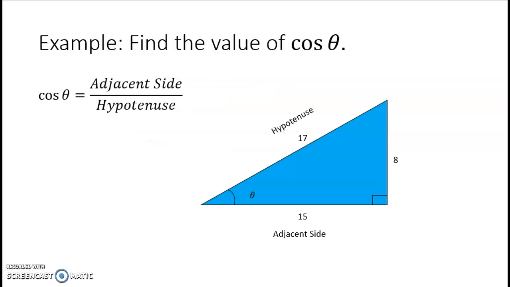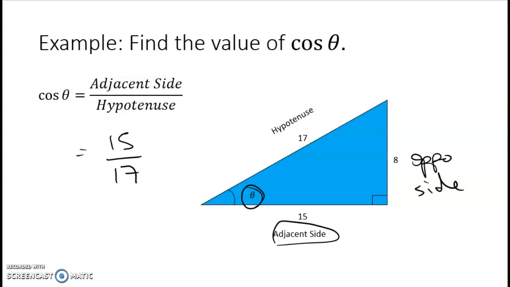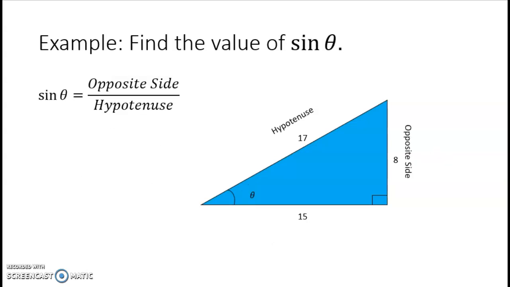Okay, so for this one, cosine we said is adjacent over hypotenuse. Here's our theta. So here's our adjacent side, which means this is our opposite side over here. So I need the adjacent side, which is 15 over 17, and that is my final answer. Sine of theta: here's our theta, and opposite that is the opposite side.